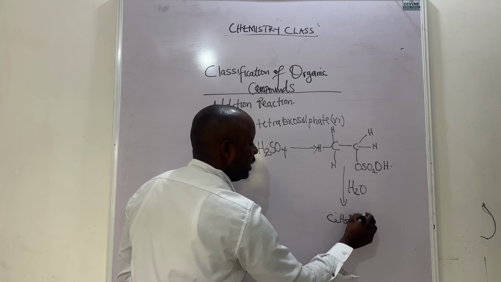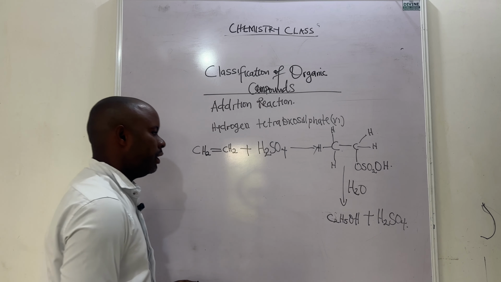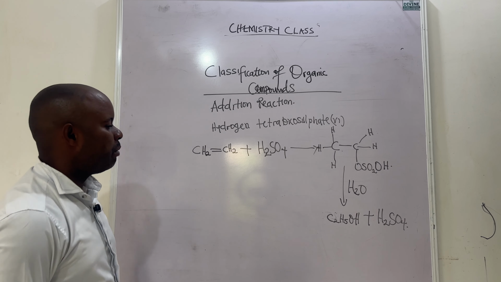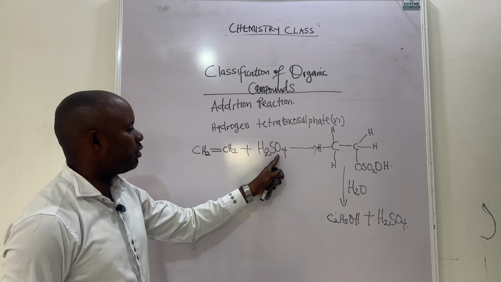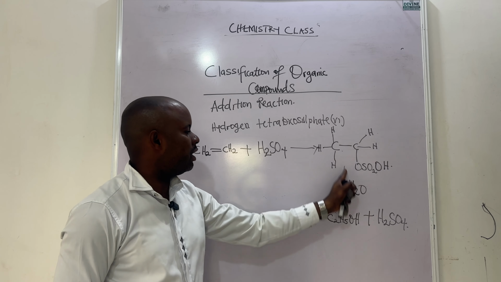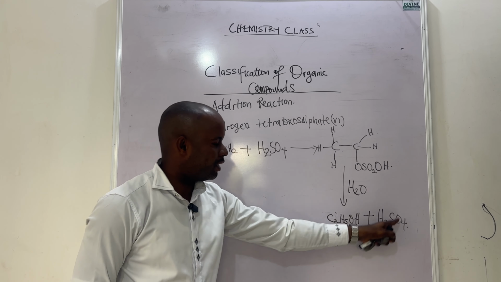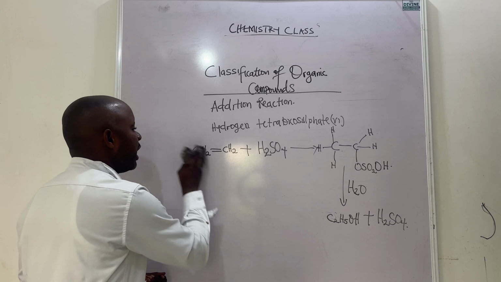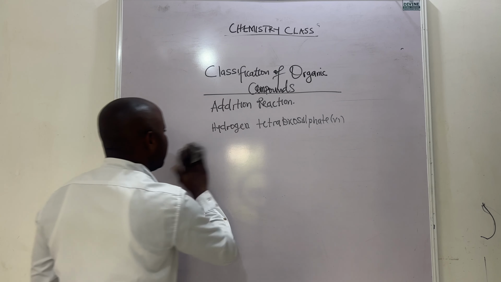This acid is regenerated as well. H2SO4 is regenerated in this process. So what we have here is a very good industrial method of preparing ethanol. We can react ethene with H2SO4, or mix it with H2SO4, and it gives what is known as ethyl hydrogen tetraoxosulfate(VI). When the ethyl hydrogen tetraoxosulfate(VI) is boiled in water, it gives ethanol, and the acid is regenerated in the process as well. So we have so many reactions that involve this ethene family, which is the alkene family.